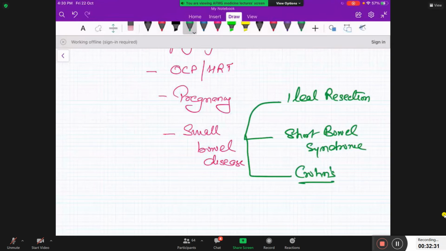Now, can anyone tell me why in these diseases there is a risk of gallstones?